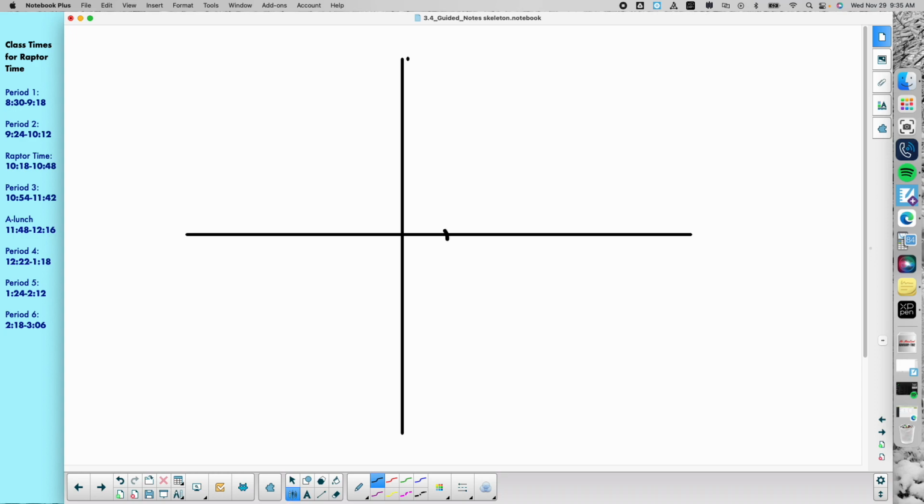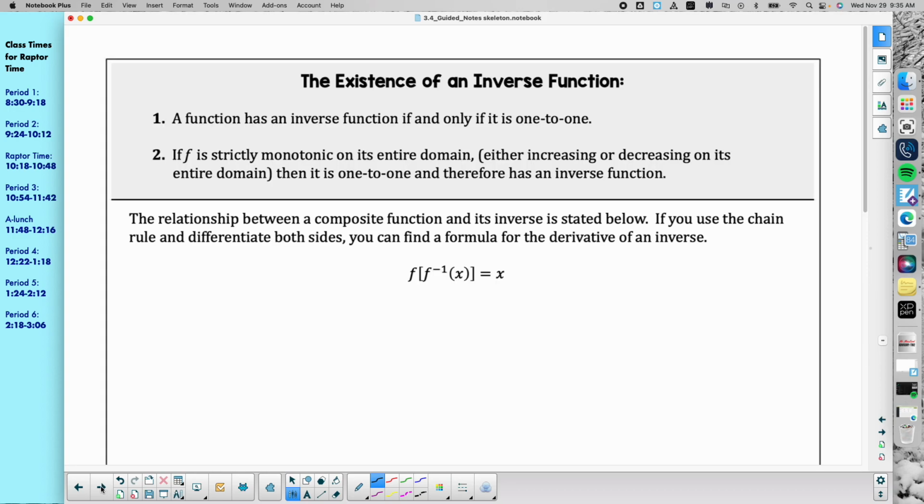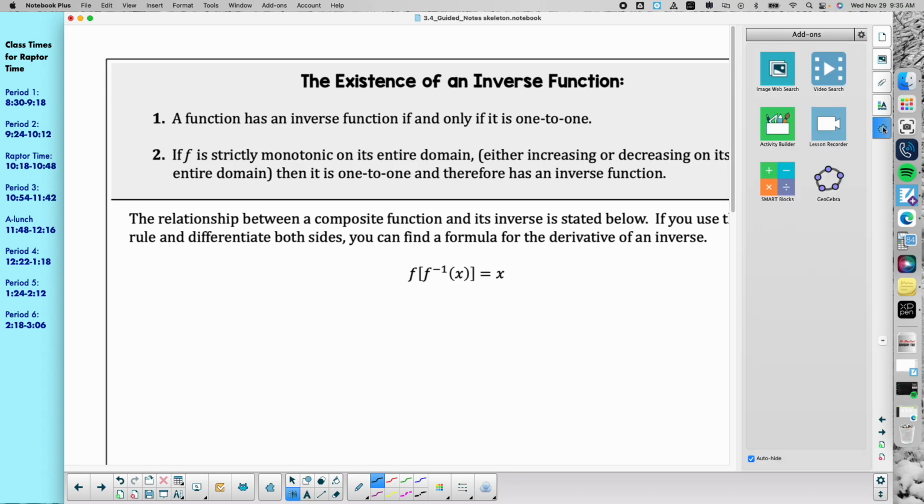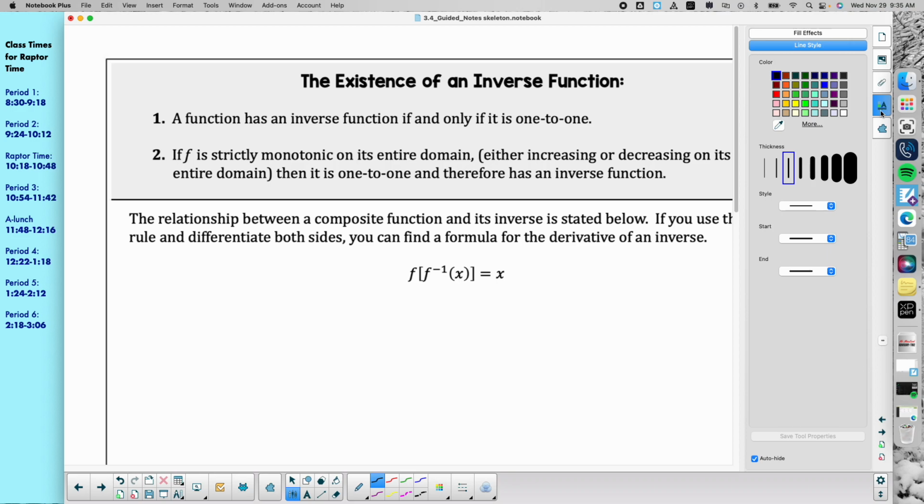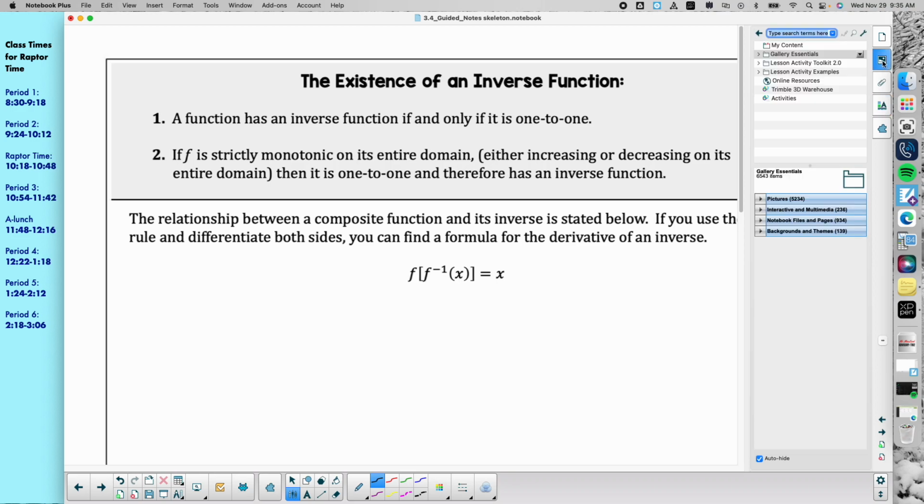Also, I've been kind of... wait. I have graph paper, don't I? Oh, there's background probably. Oh, I was kind of hoping the keyboard would pop up.